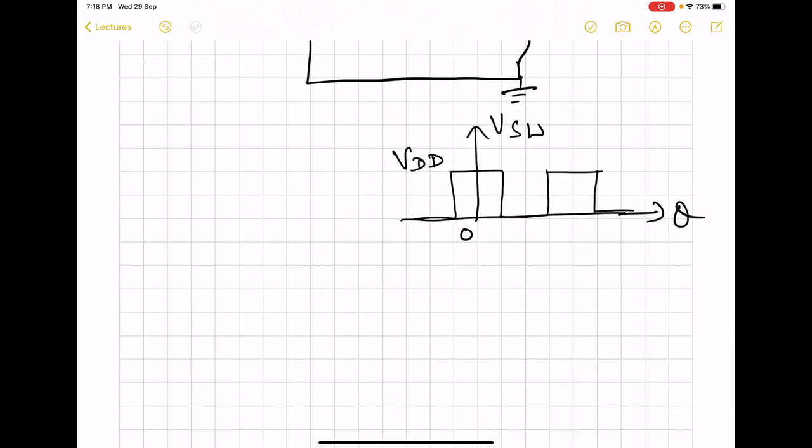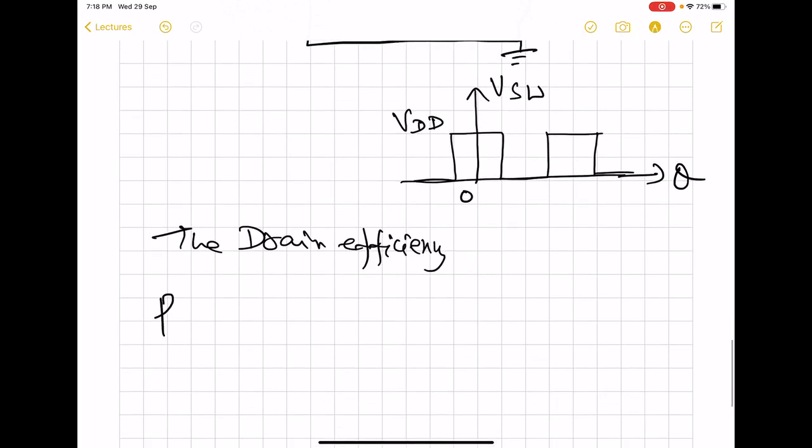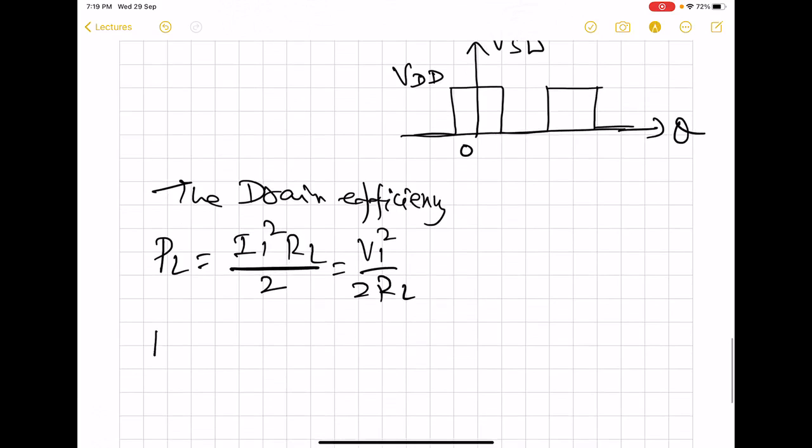So our LCR is being driven by this kind of source. Our objective is to find the drain efficiency. For this, we have to find out PL, which is going to be the fundamental current to the load, or maybe the fundamental voltage to the load, and PDC is going to be VDD, because this is the DC source.